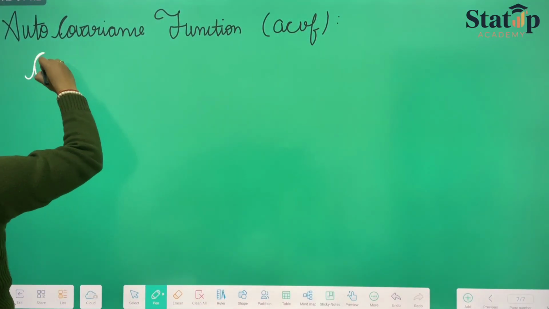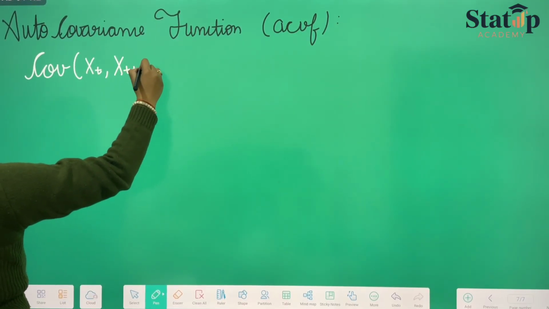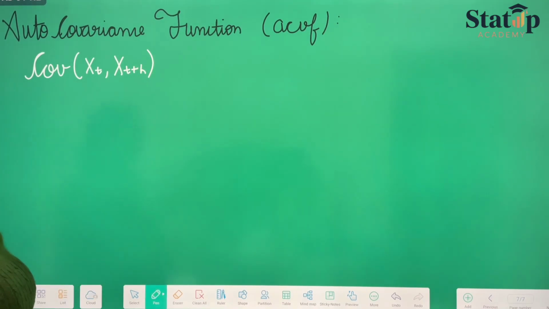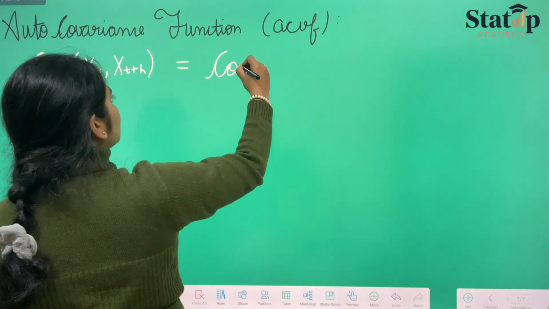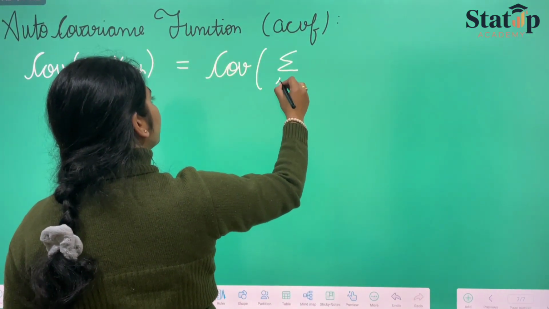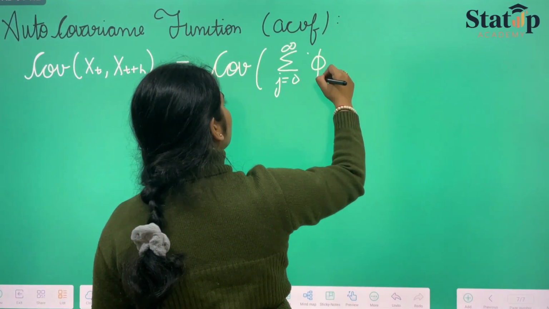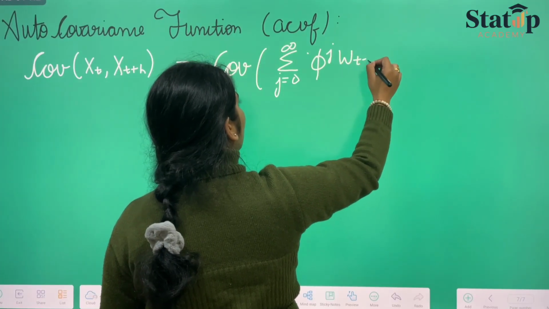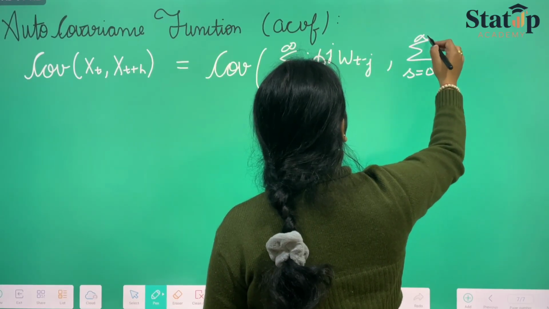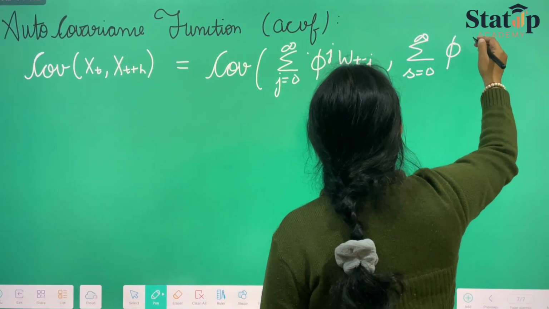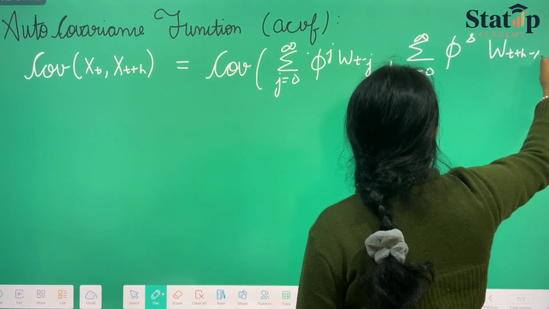Autocovariance would be the covariance between x_t and x_{t+h}. x_t was given as a summation, so it can be written as the covariance between the summation over j from 0 to infinity of phi^j w_{t-j} and the summation over s from 0 to infinity of phi^s w_{t+h-s}.